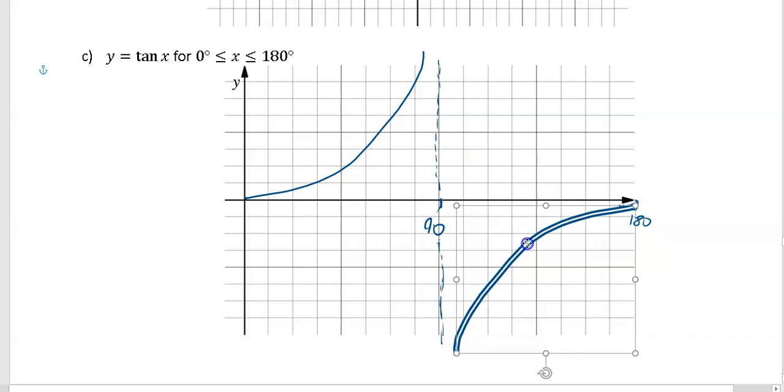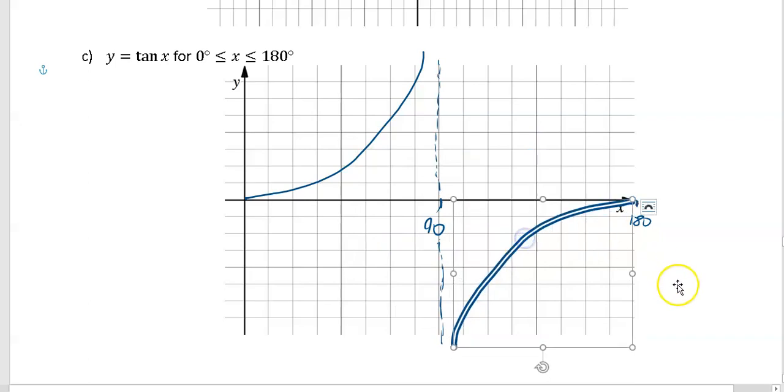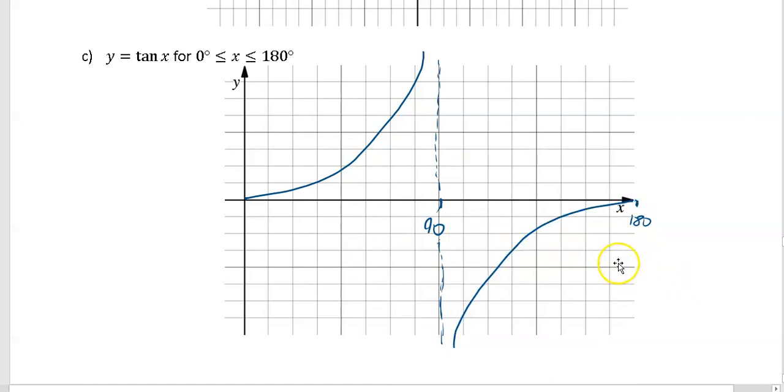Technical errors. Okay, and you can see that would be the same thing. So this wee section is exactly the same shape as this one, as bad as mine looks, but that's all you're going to have. The only other thing I might mark on here would be my origin, and that's it. But that's my tan graph from 0 to 180.